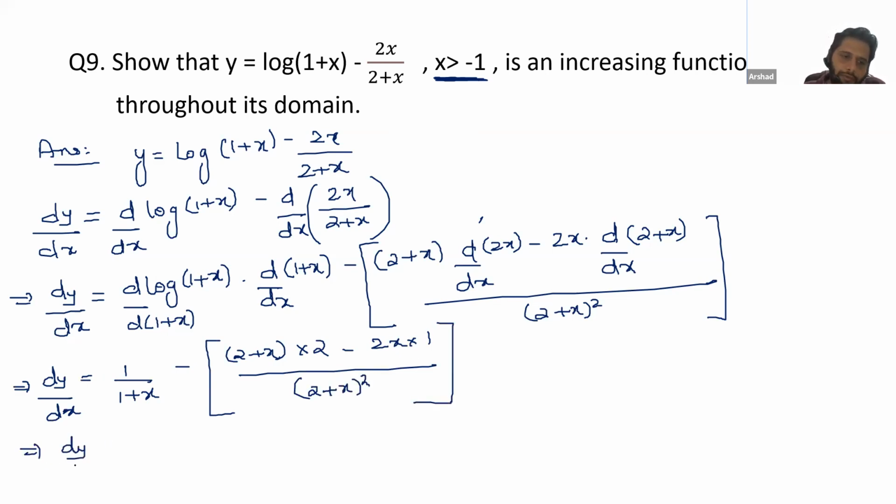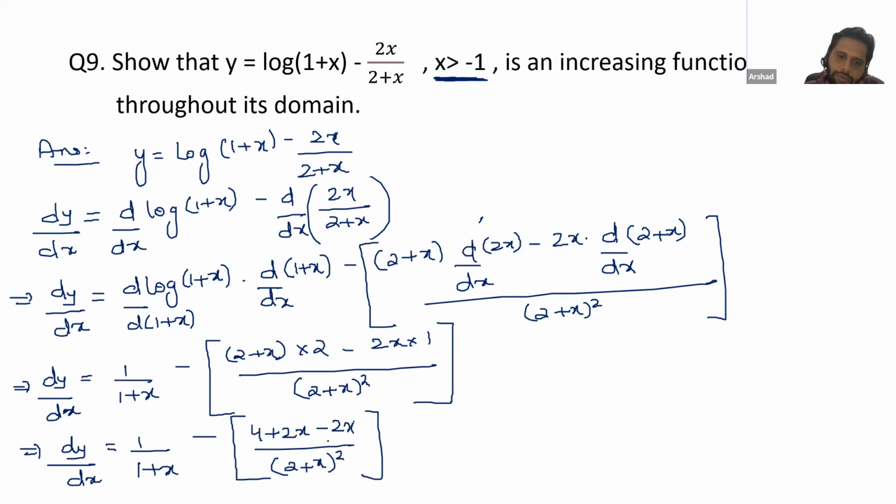So dy by dx is equal to 1 by (1 plus x) minus, opening the bracket, 4 plus 2x minus 2x by (2 plus x) squared. The 2x will get cancelled out. Here we get dy by dx equal to 1 by (1 plus x) minus 4 by (2 plus x) whole square.